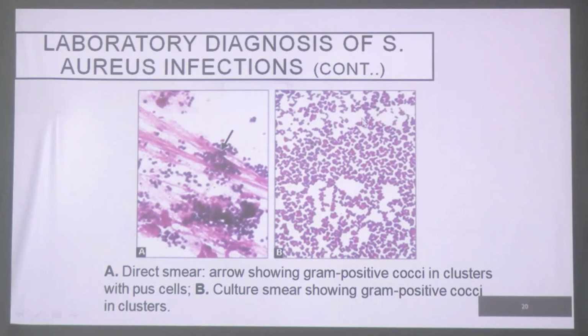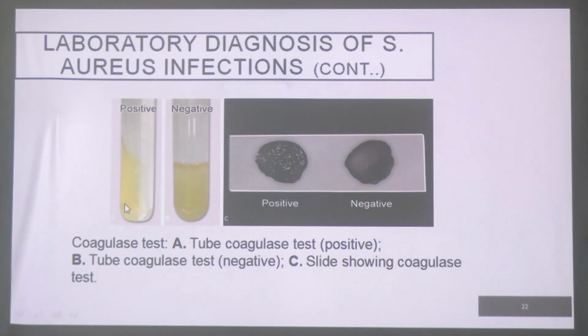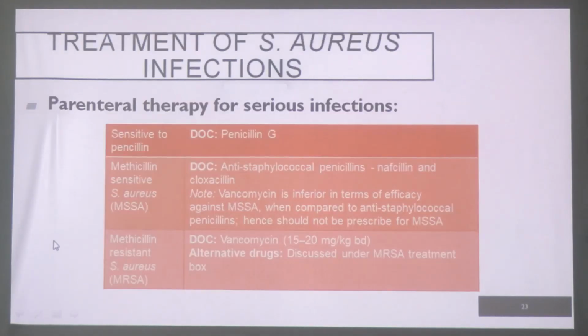This is how you saw it from the culture plate. This is nutrient agar, this is blood agar, this is tube coagulase positive. This is not positive. Why is this positive? The clumping is formed. This is slight coagulase positive. You can see the clumping of the bacterial colony. This is negative.